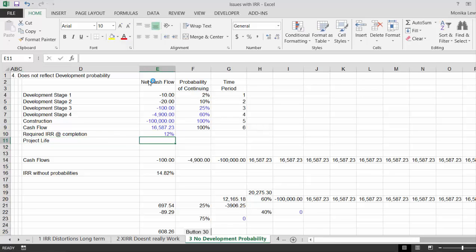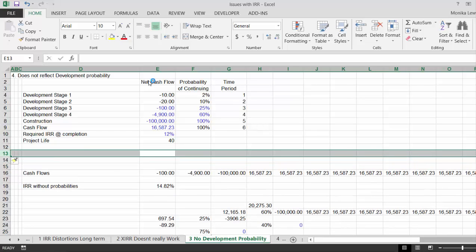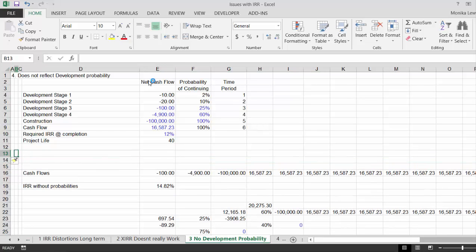Let's make it a 40-year project, let's get into a whole little debate about the IRRs and the lifetime and all this. So now we can put a period number. Okay, and then perhaps I'll start here.